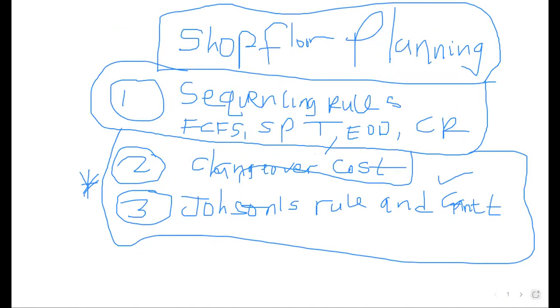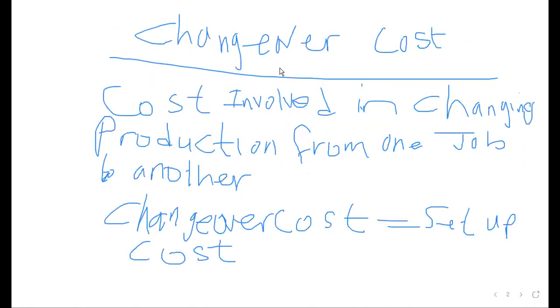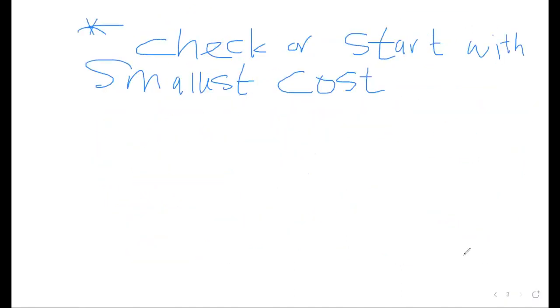All right, so let us get down to a question. You check, or start with the smallest cost. If there are two smallest costs, then you're going to have two job sequences.